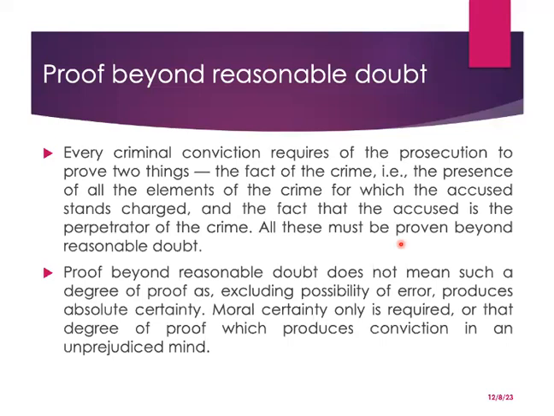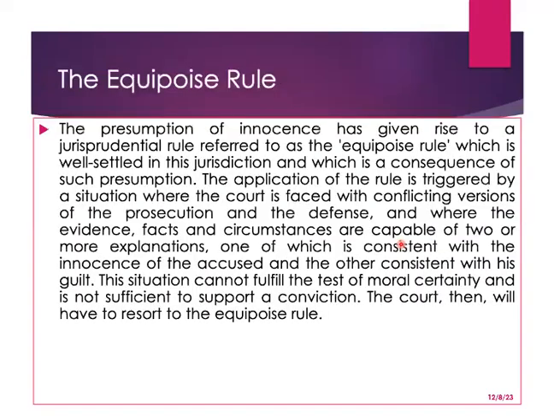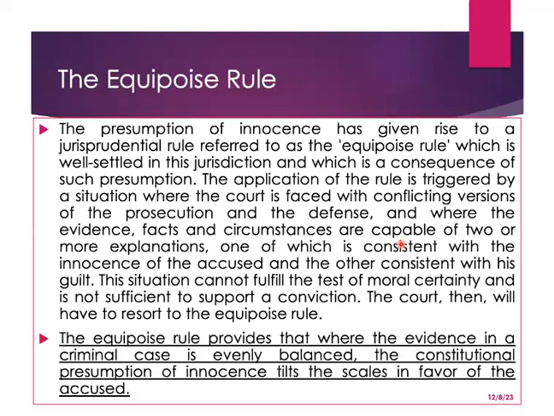All right? We also have the so-called equipoise rule. Okay? The presumption of innocence has given rise to a jurisprudential rule referred to as the equipoise rule, which is well settled in this jurisdiction and which is a consequence of such presumption.